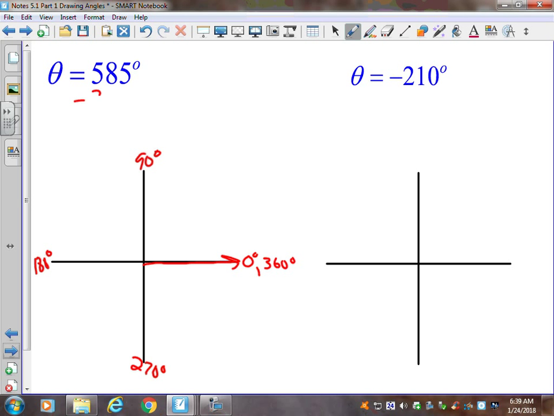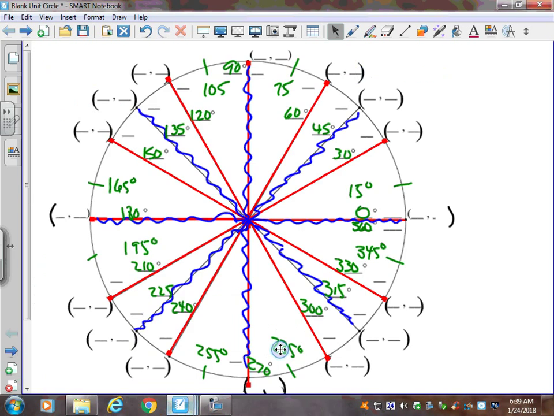Now we have to take 360 away to see how much over 360, because this is going to be spiraling, and that's 225. So we go to our unit circle and see where is 225, and 225 is in the middle of quadrant 3.